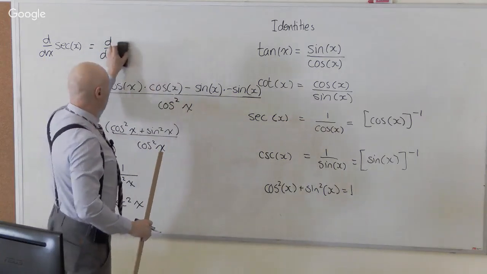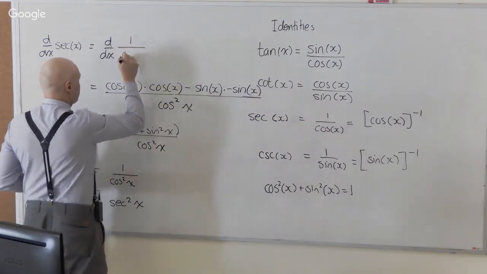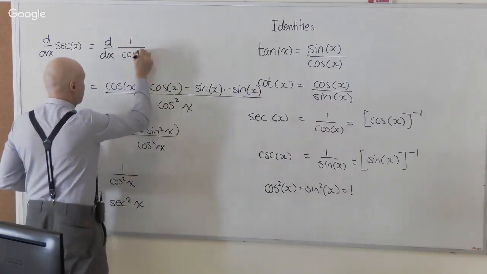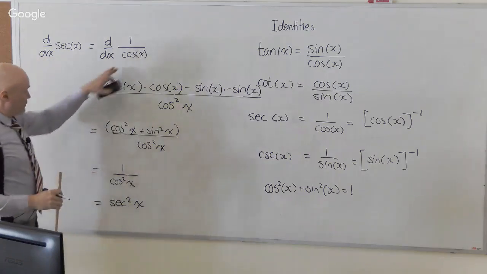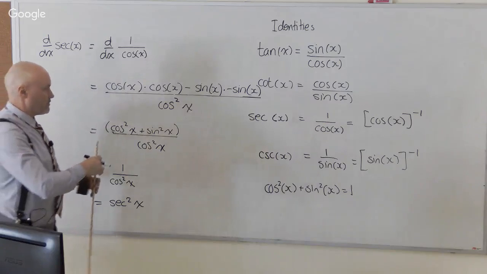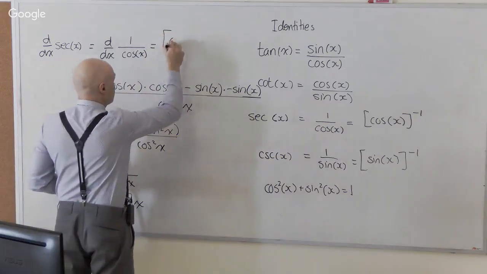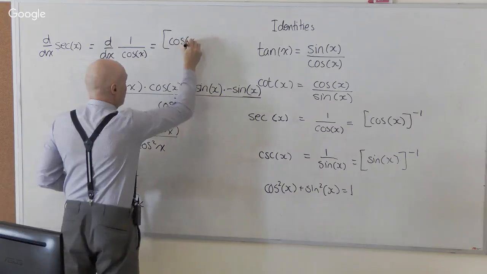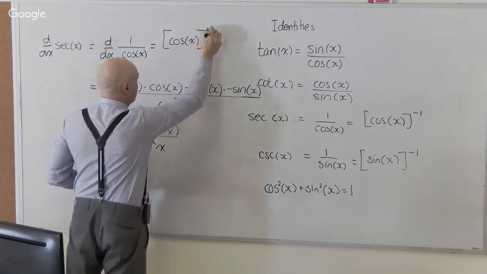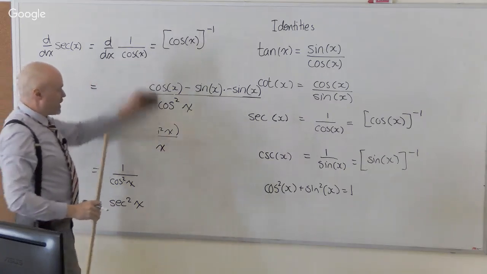So I'm just going to turn it into 1 over cosine x. And I could use the quotient rule here. The derivative of the top is 0, though, and so that would be a lot of song and dance for what it's worth. So I am going to turn this into cos x to the exponent -1. And instead, I'm going to use my chain rule on there.